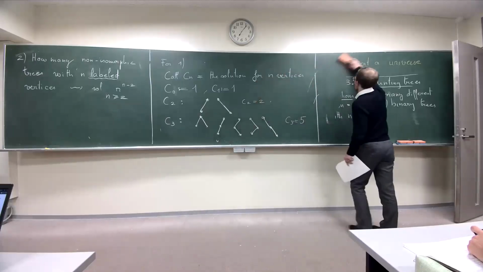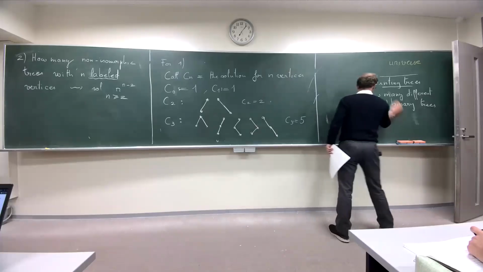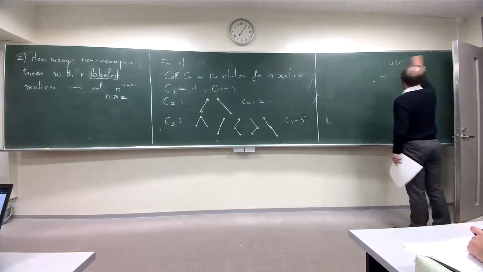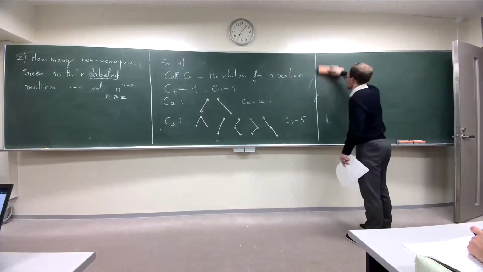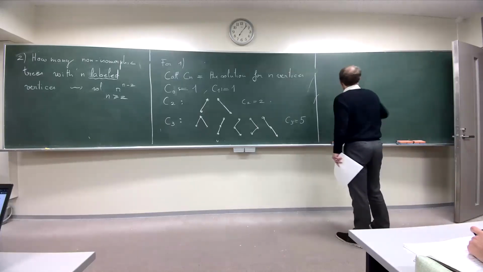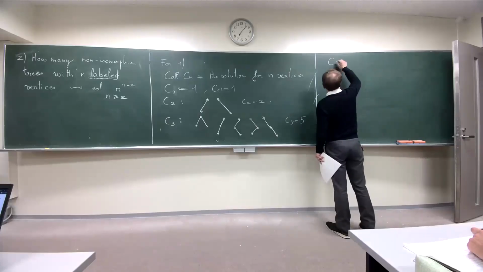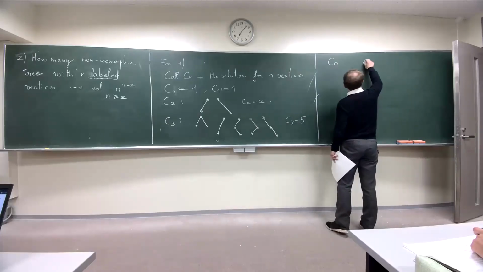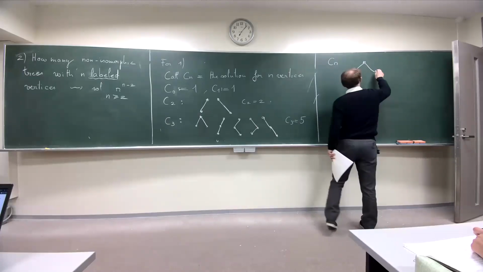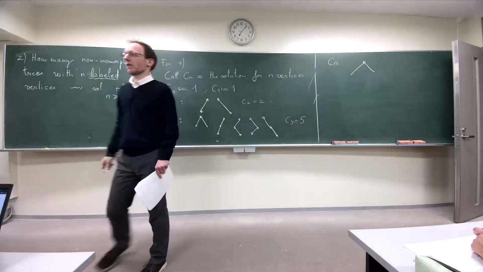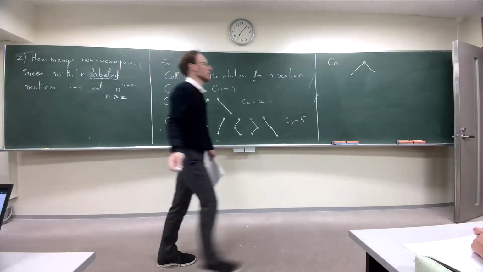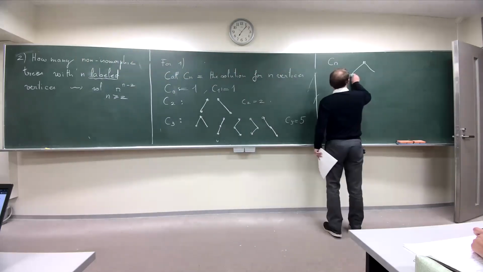How can you do the general case? You can do it by iteration. So suppose, what about Cn? I want to build all binary trees with n vertices. So I'm going to use induction.